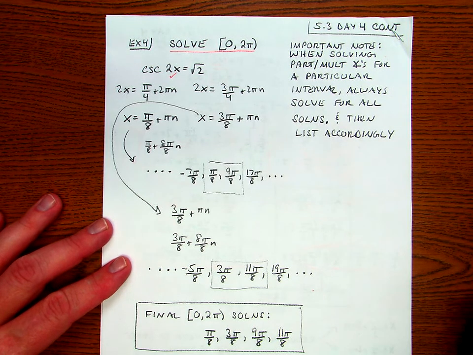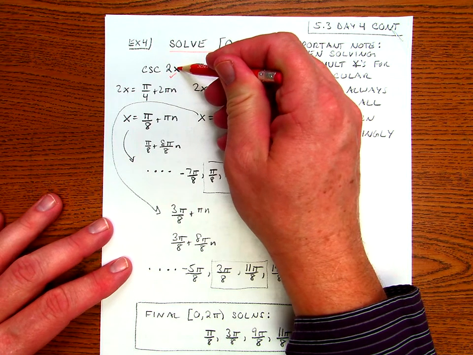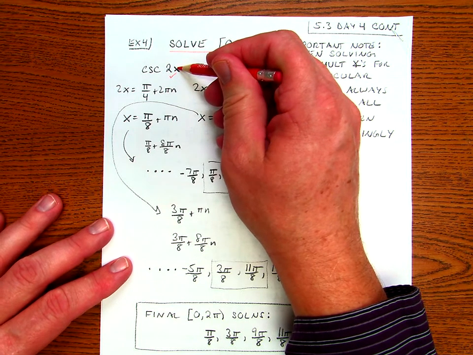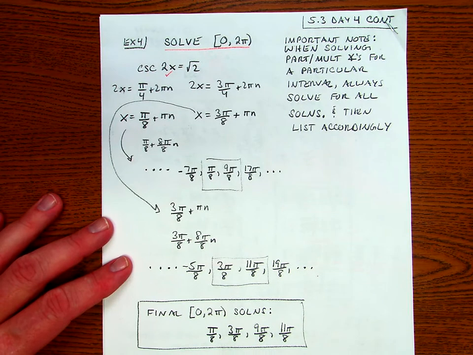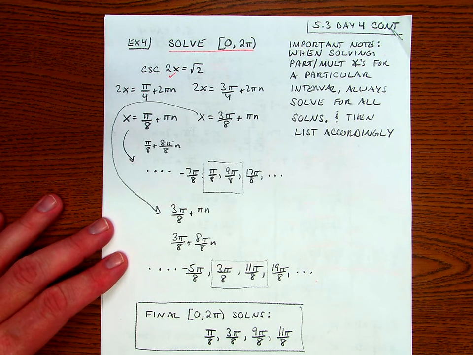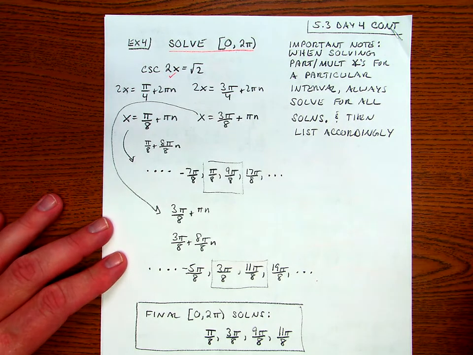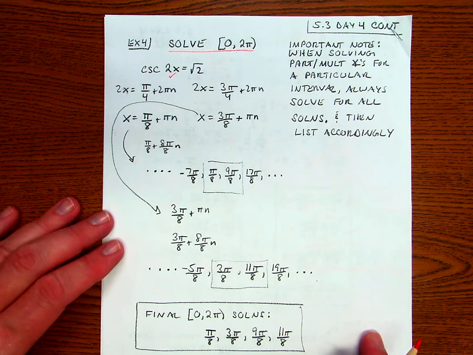So, tweaking what we said in the beginning, as soon as you see a multiple or a partial angle equation, you're always going to initially find all the solutions, whether those are your instructions or not. If you have all the solutions and the instructions are to find all the solutions, the problem ends. If the instructions are to find a particular interval, then you have to do whatever it takes to get from all of them down to the particular ones they want. So let's see how this plays out.